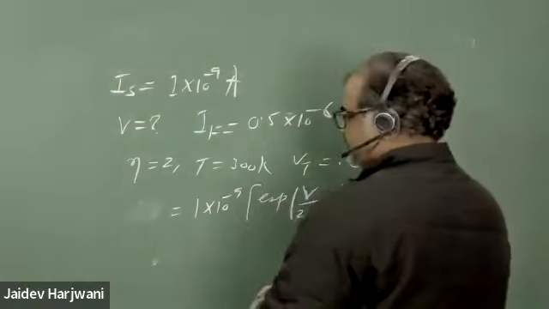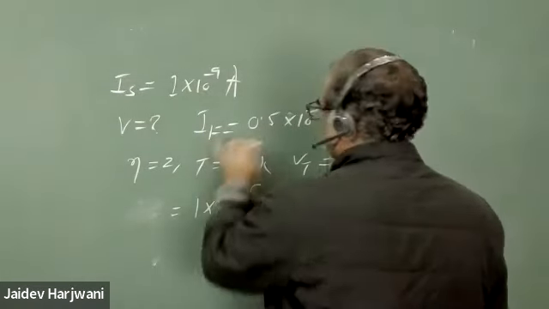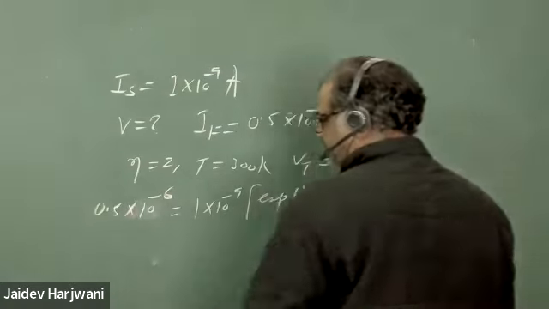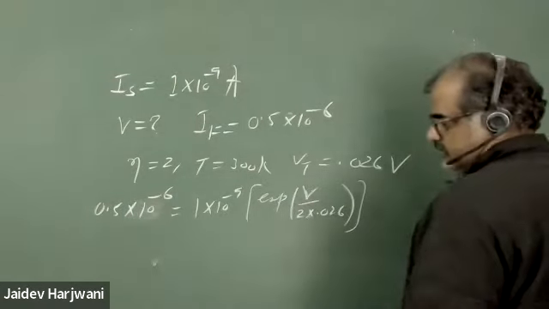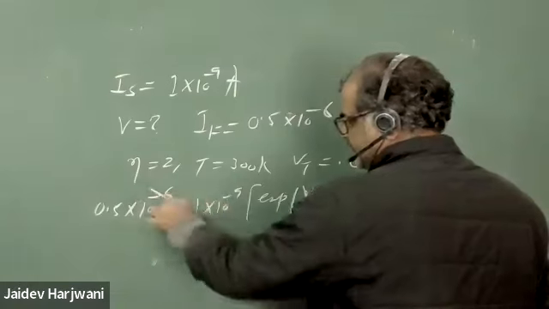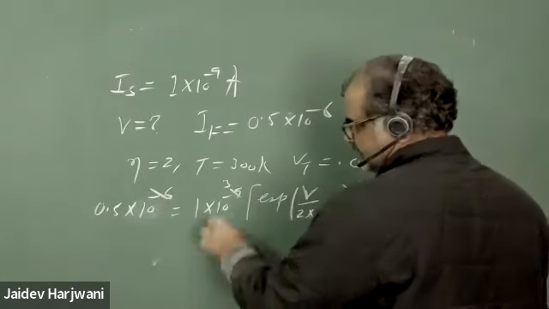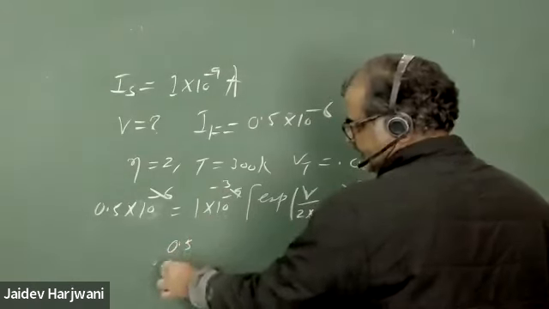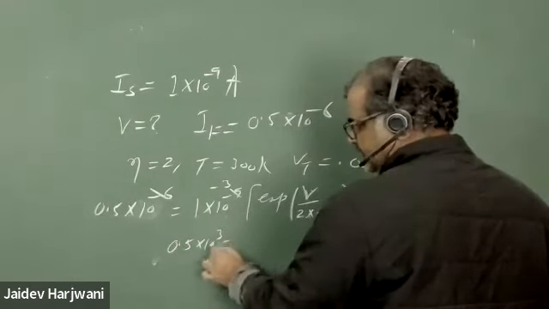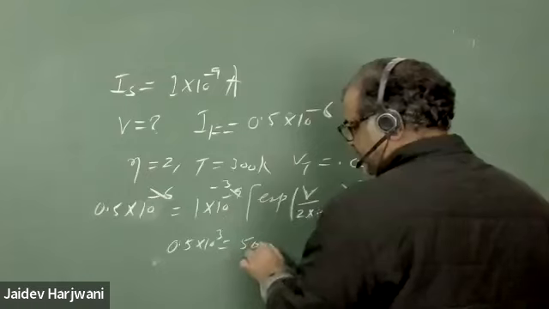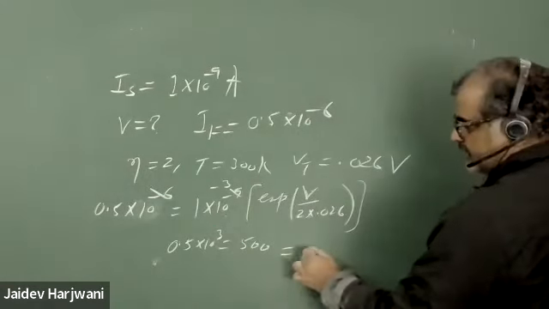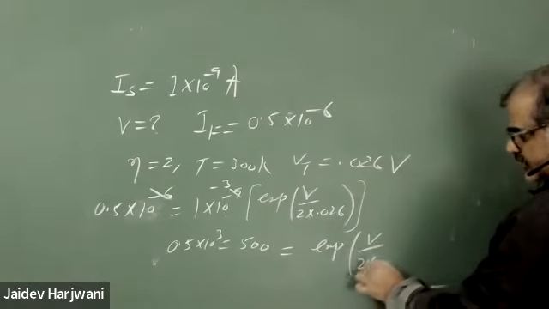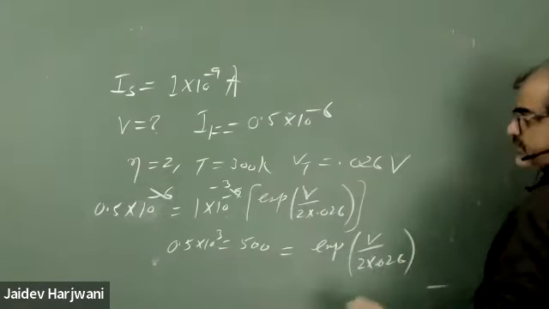So here you can write 0.5 microampere. The powers cancel: minus 6, you have minus 3 here, this goes down, so it becomes 0.5, and this becomes 10 to the power 3, so this becomes 500. Exponential of V upon 2 into 0.026.